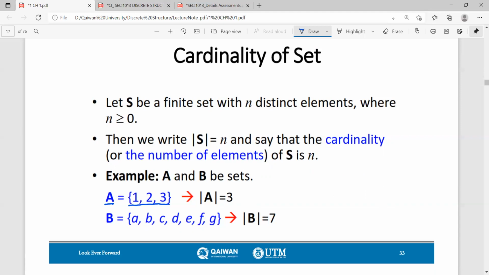How many members or elements do we have in set A? 3. So you say the cardinality of A is 3. It means we have only 3 elements in the set A. For B, we have 1, 2, 3, 4, 5, 6, 7. We have 7 elements in B. So the cardinality of B is 7. We have 7 numbers in the set B. So this symbol is used for cardinality of sets, which is the number of elements of the set.